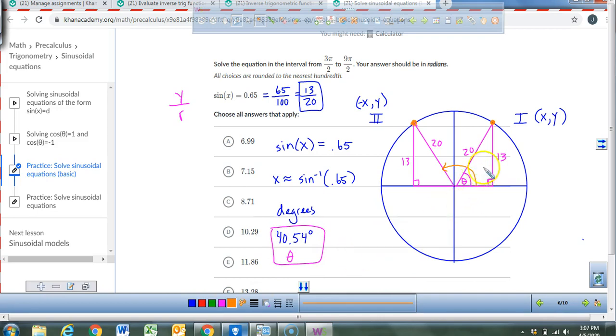The other theta, which is this theta right here in orange, I basically need to figure out how far to go from here all the way across. So what would I have to do to go from here to there? That's what you're looking for. Well, from here to here is 180 minus 40.54 degrees.